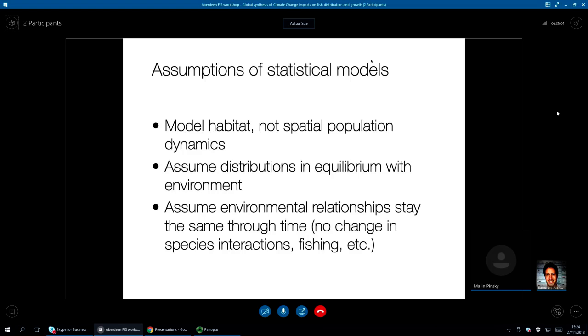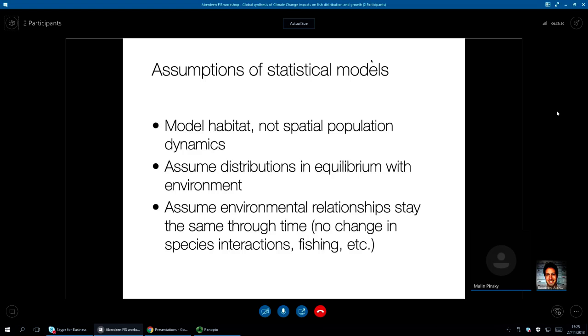And yet, if the environment changes quickly, where species are found at a given moment may actually be out of equilibrium with the environment. And so we can talk about some ideas on how to attack that problem next. But that is one of the assumptions. For species that are quite mobile, though, their distributions may more or less be in equilibrium with the environment. It may be an okay assumption.